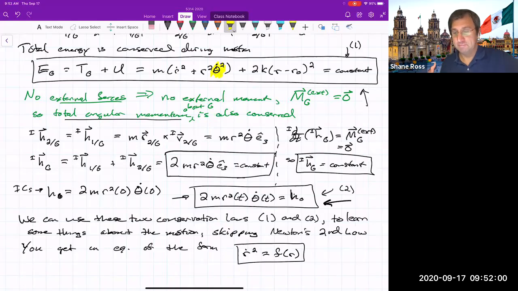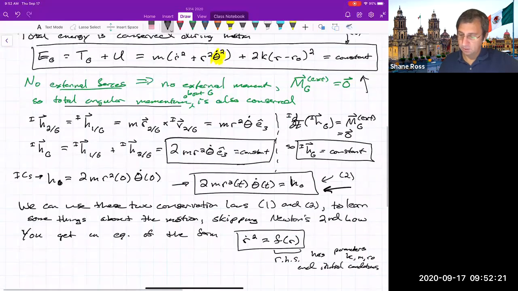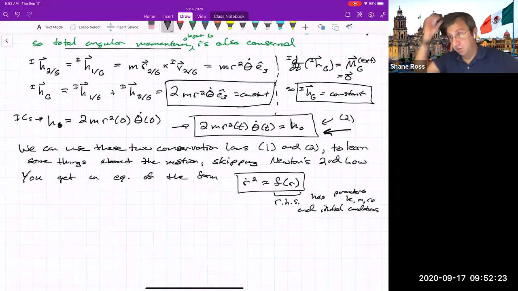And then you'll be left with something like this. So this right-hand side has parameters. Parameters are things like k, m, r naught, and initial conditions. It might not be the prettiest looking function of r, but it'll be there.